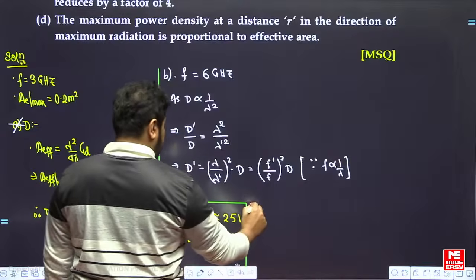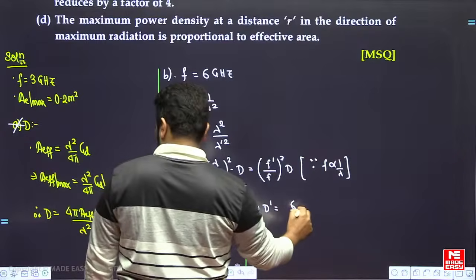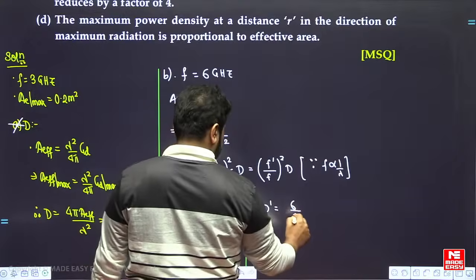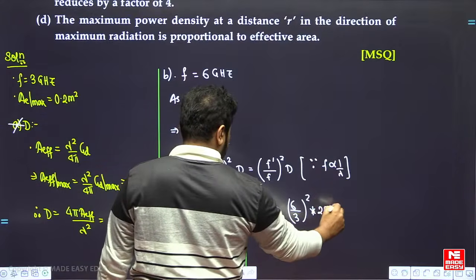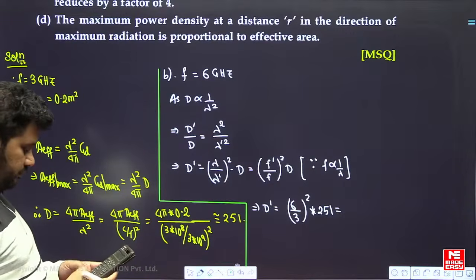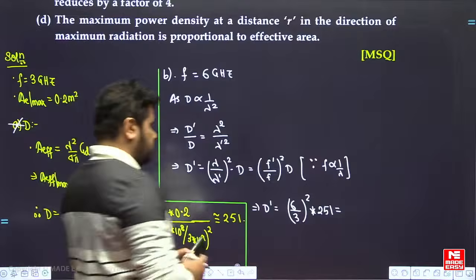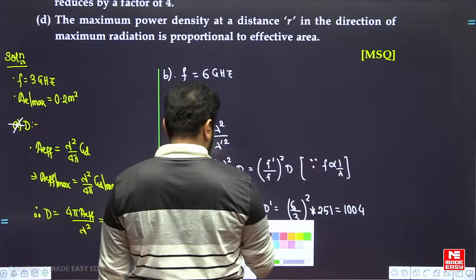So what is the new directivity D dash? New frequency is 6, old frequency was 3, whole square, and old directivity was 251, right. So 6 by 3 is 2, 2 twos are 4. So 251 into 4 is 1004. So the new directivity I am going to get is 1004.